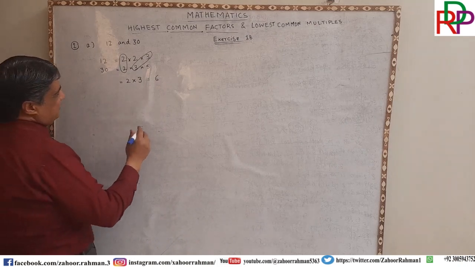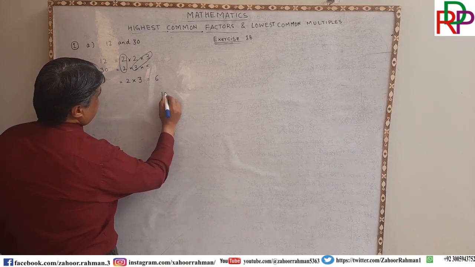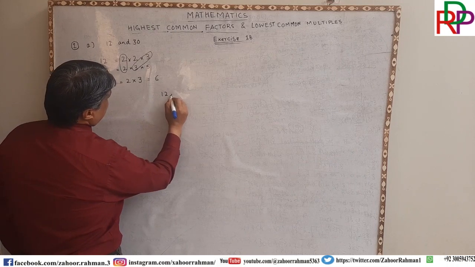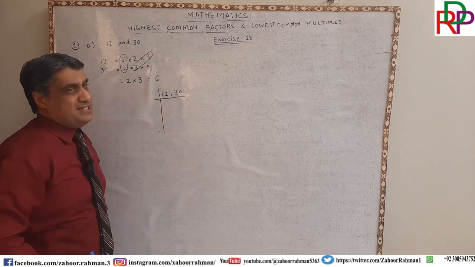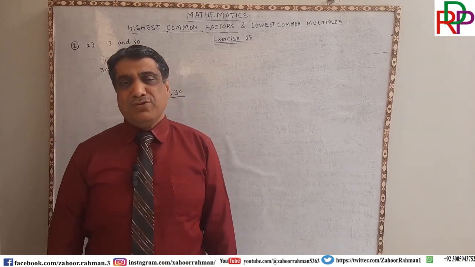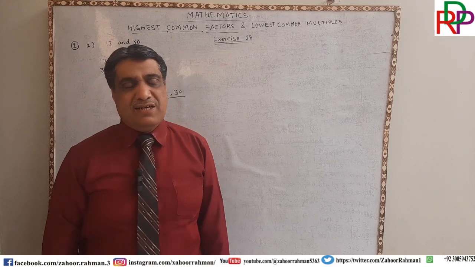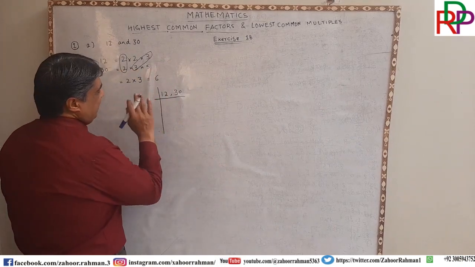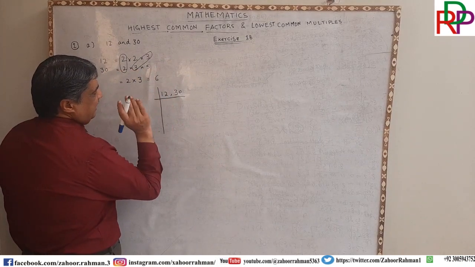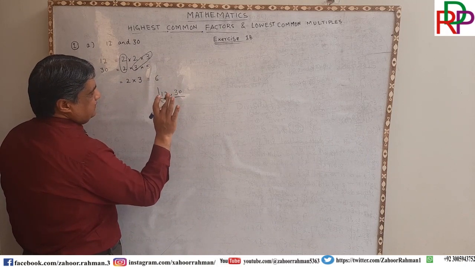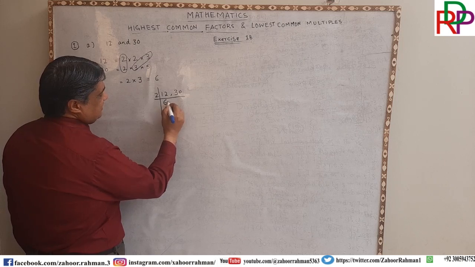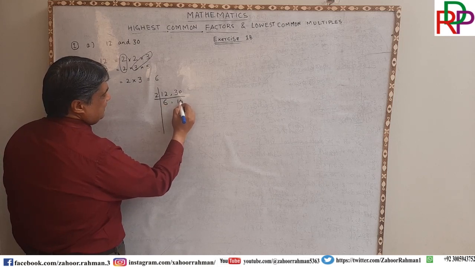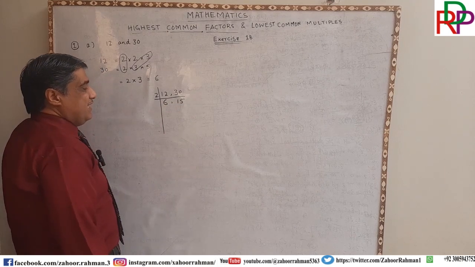Ladies and gentlemen, there is another method in which both the values are written in one frame, and we have to find only the prime factors. 2 sixes are 12, 2 fifteens are 30.